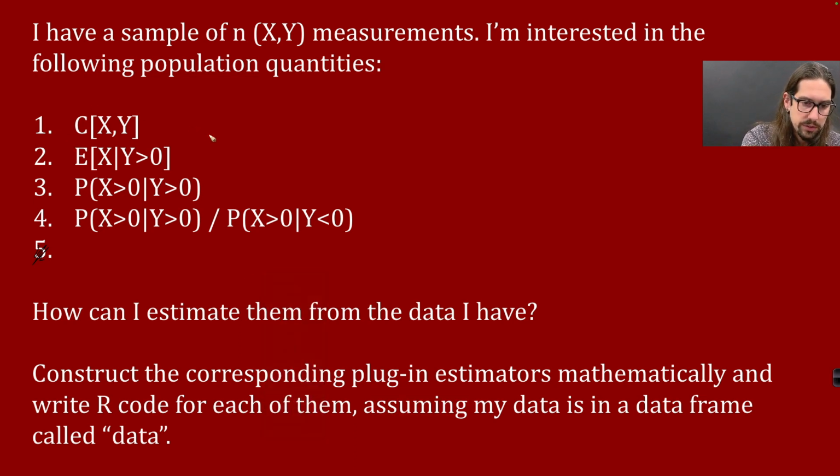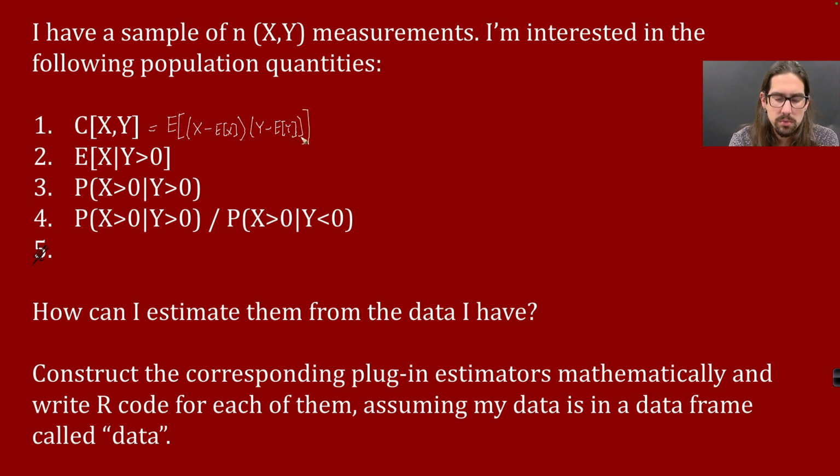Okay, so let's do this first one here. The estimand is the covariance of x and y, which has 2 equivalent definitions, but I'll use the first one: the expected value of (x minus expected value of x) times (y minus expected value of y).